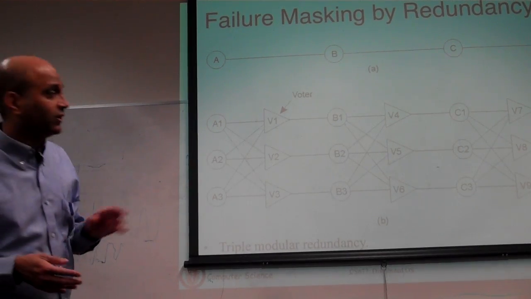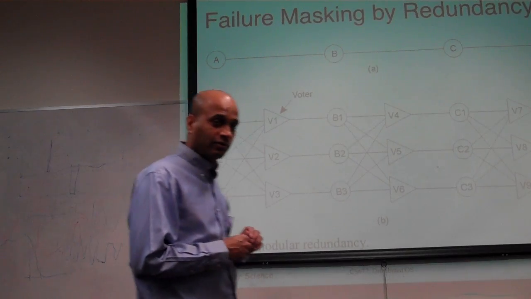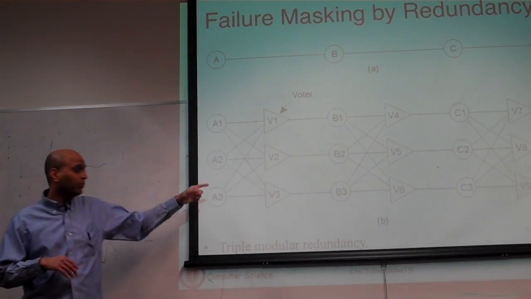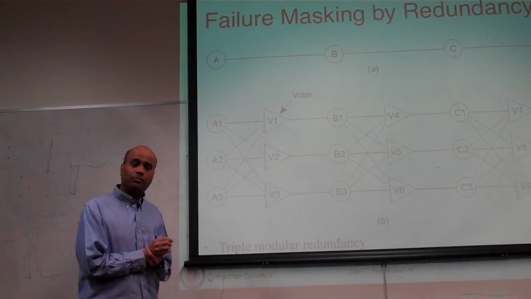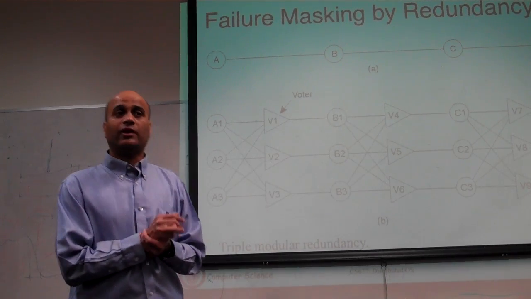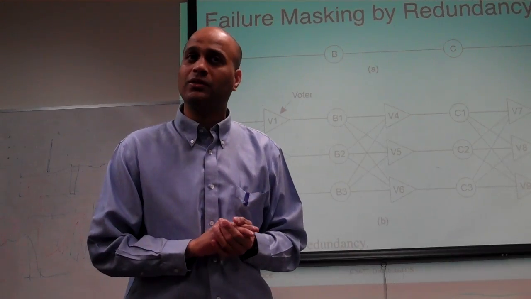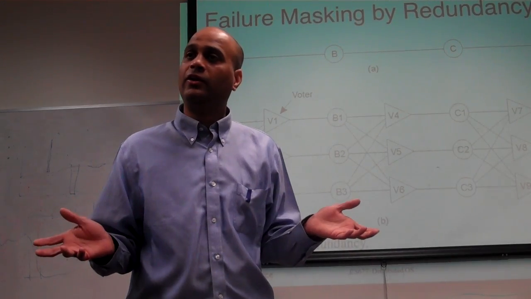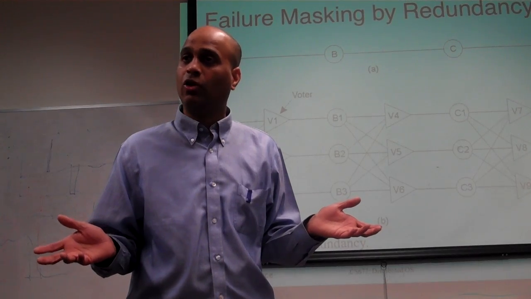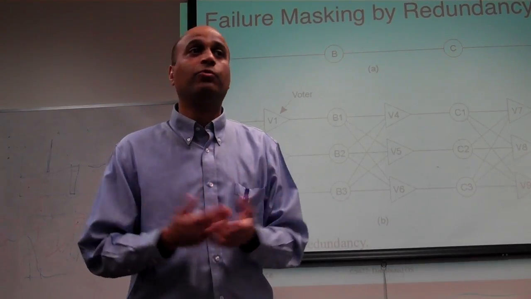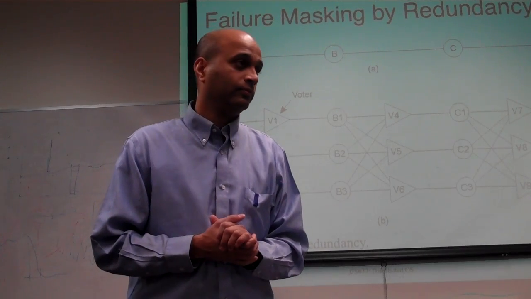Now this is a hardware circuit. It will be clear shortly why we talked about this notion. The important thing here is a principle which says one way to handle faults is to have redundant copies of the component, whether it's hardware or software, it doesn't matter, and then have them produce output and vote.